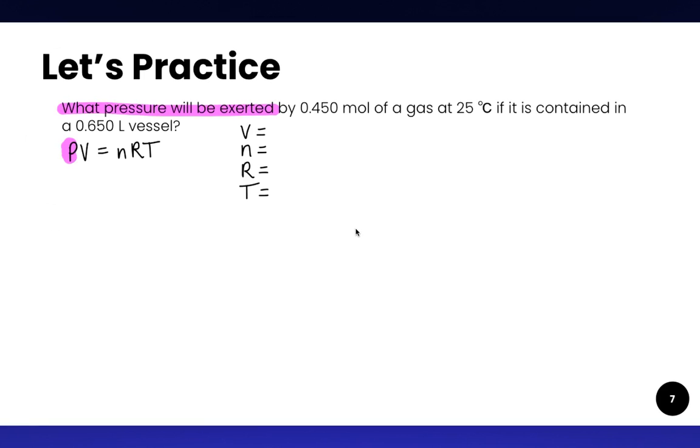Our volume is 0.650 liters. There are 0.450 moles.